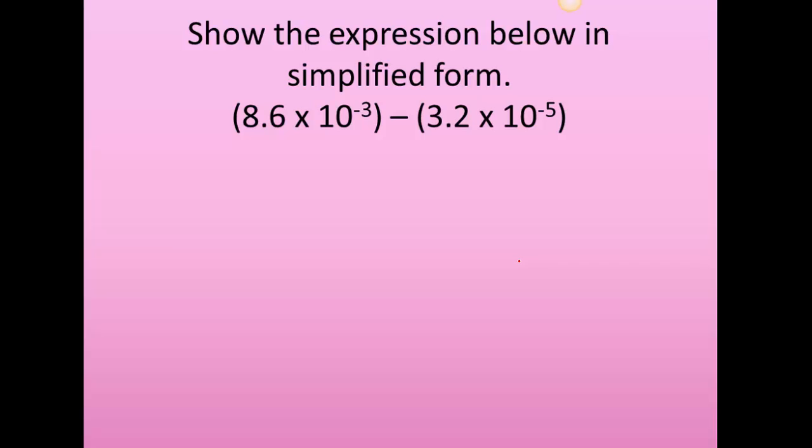Alright, so now we're going to simplify this. So we have to make sure that we're looking and realizing that it is subtracting. So what I find the easiest, since these exponents are smaller, not like you're going to 10, is just to go ahead and write this out in the expanded form.